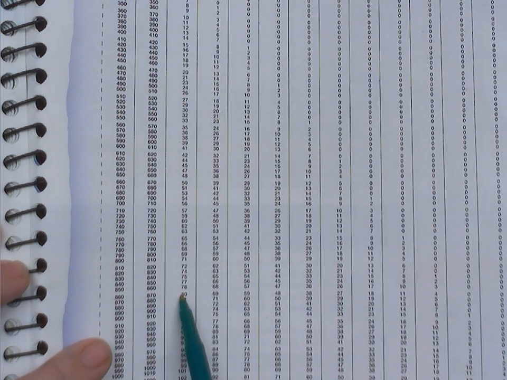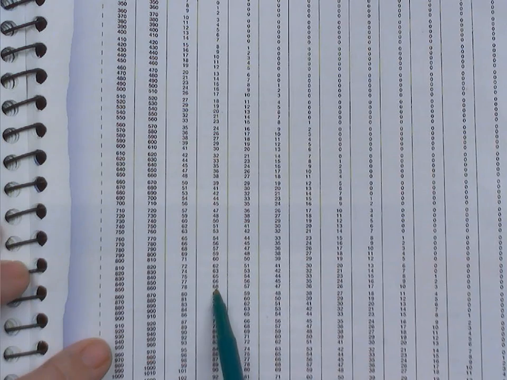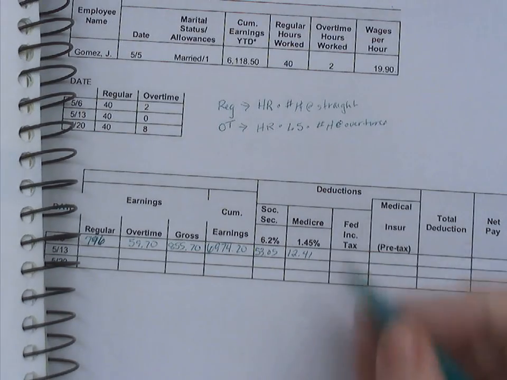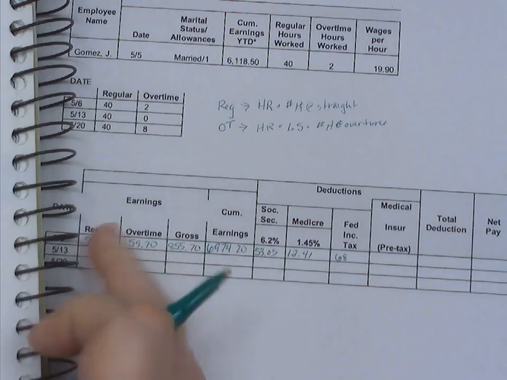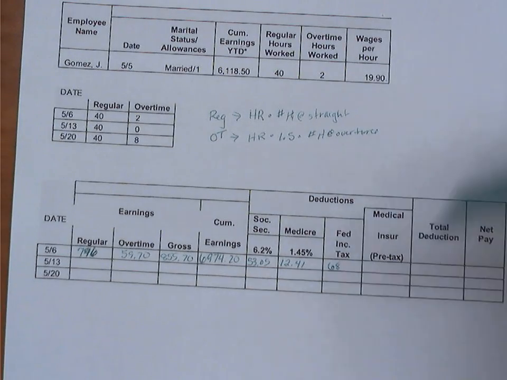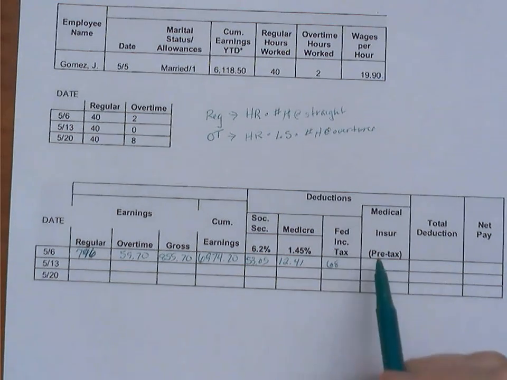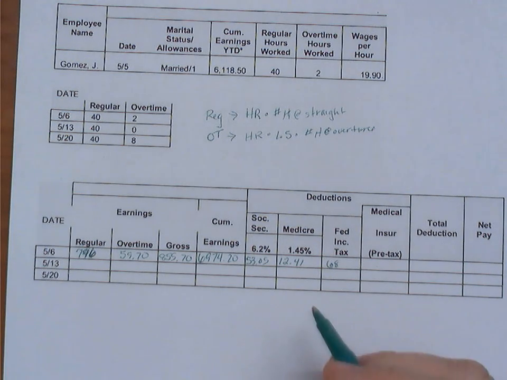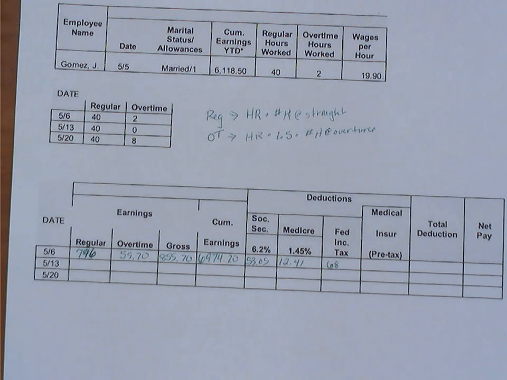Right here, he has one withholding, so $68 is how much is coming out for taxes. And then his medical insurance is something that is taken out before you tax it, so that's an option if he has medical insurance that he makes a payment for. In his case, his medical insurance coverage is $17.15.